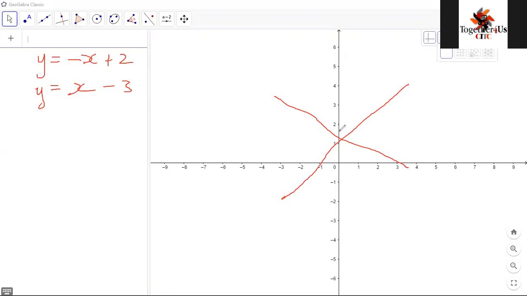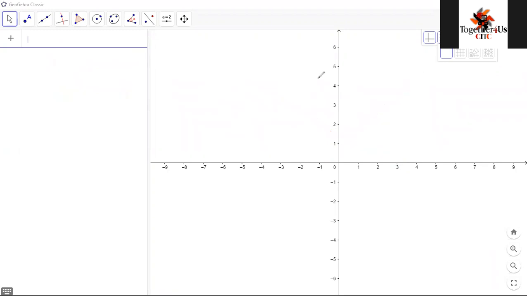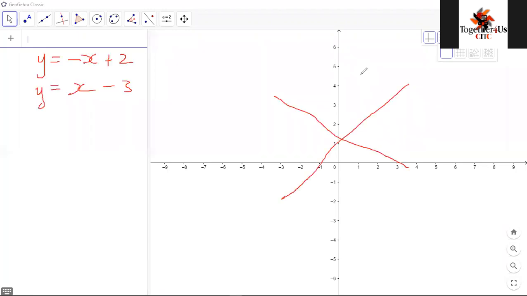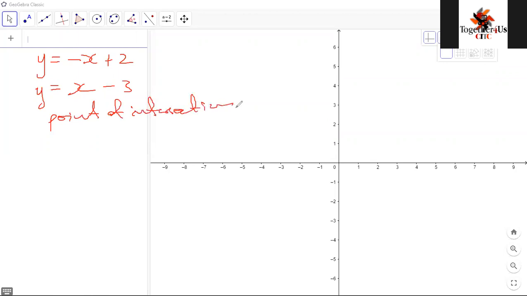And we can clearly see at some point, these graphs are going to come together. So we need to find out, without sketching, at what point will these graphs come together. This is what we call the point of intersection. They meet there.